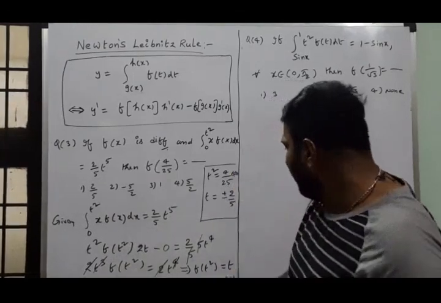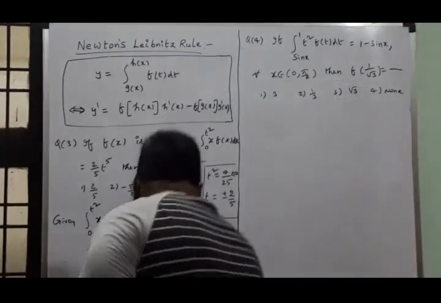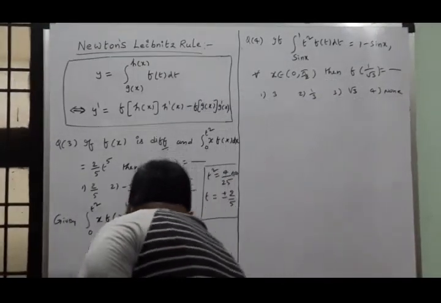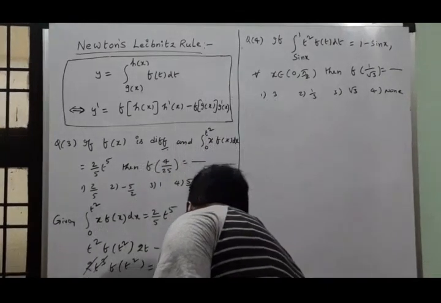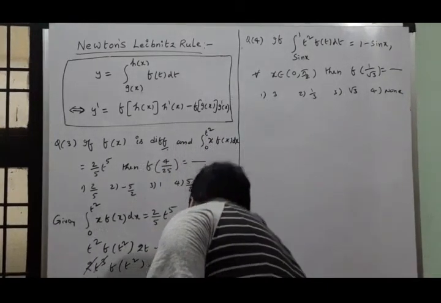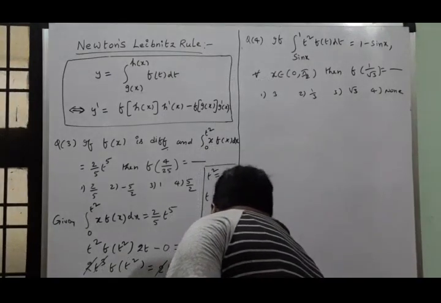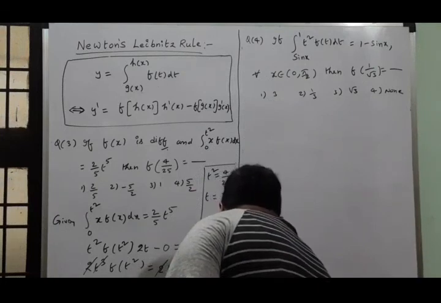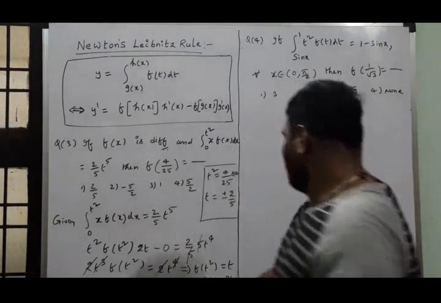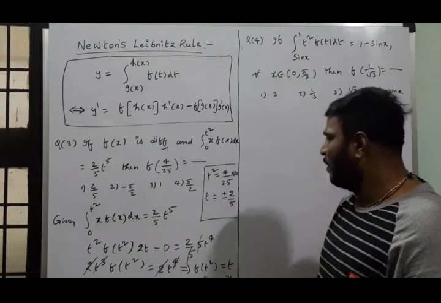So here you have to write the t value. f of t square is equal to t, and t is nothing but plus or minus 2 by 5. This implies f of 4 by 25 is equal to 2 by 5 or minus 2 by 5.